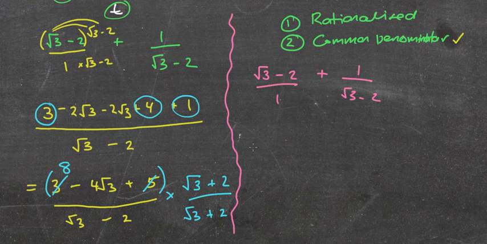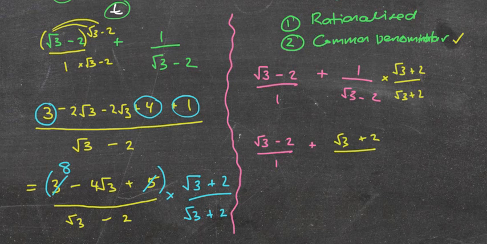Now this first one is rationalized, because the denominator is not an irrational number. But the second part certainly is irrational. So if I times this by root 3 plus 2 over root 3 plus 2, so 1 times root 3 is root 3, 1 times 2 is 2, all over.